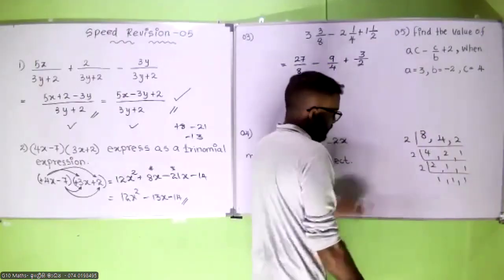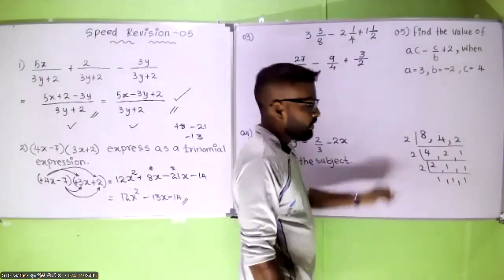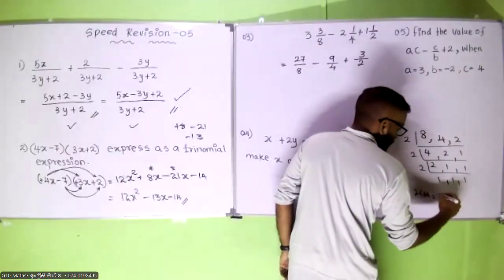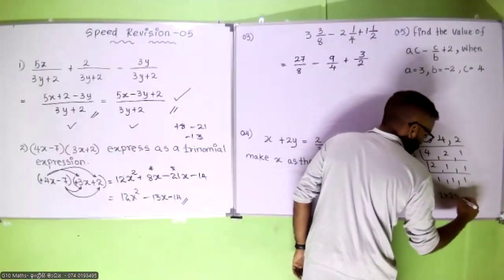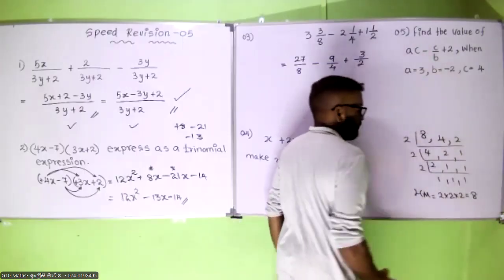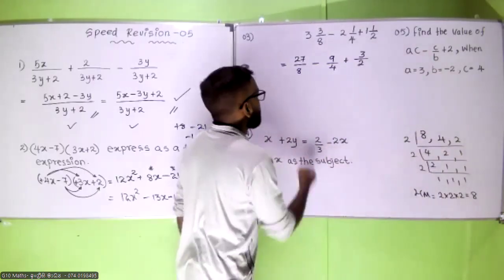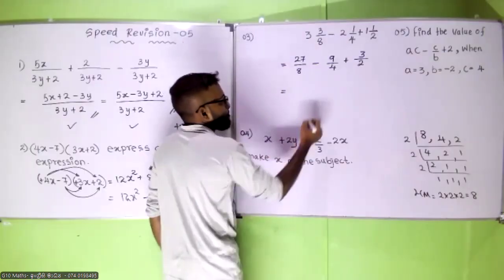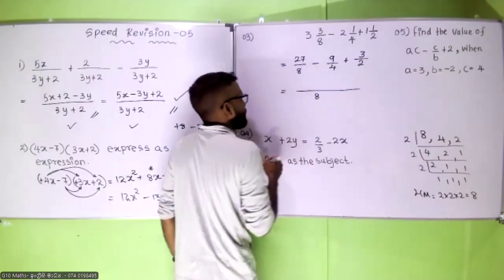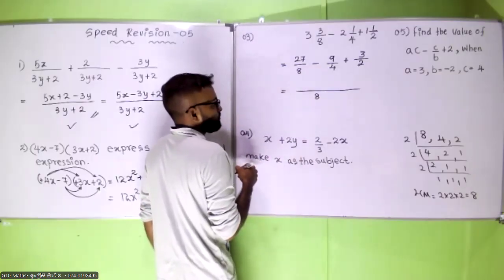So 2, 2, 2. Multiply them together. LCM, 2 times 2 times 2, 8. So 8 is the common denominator.